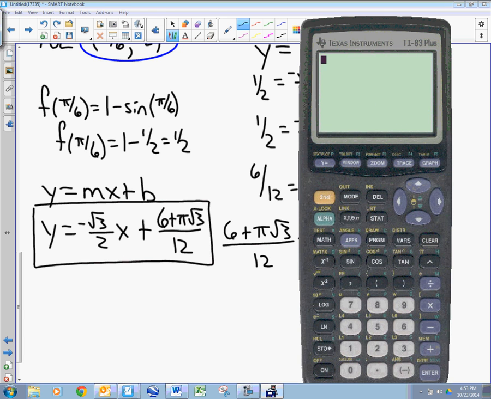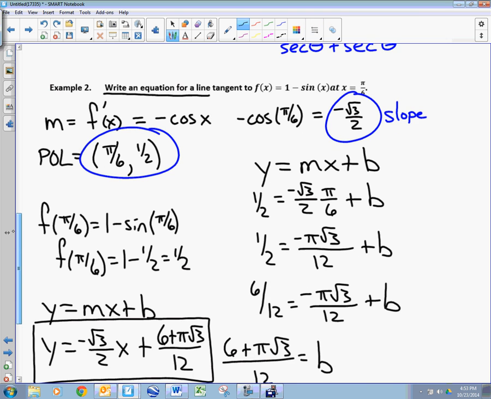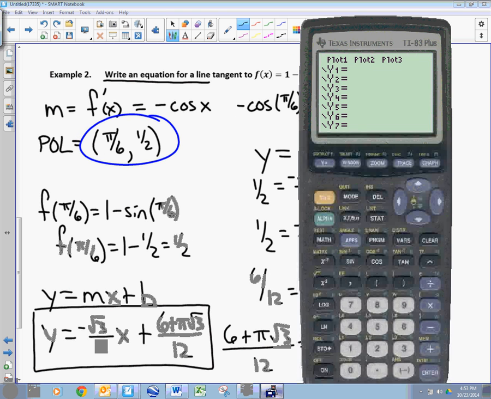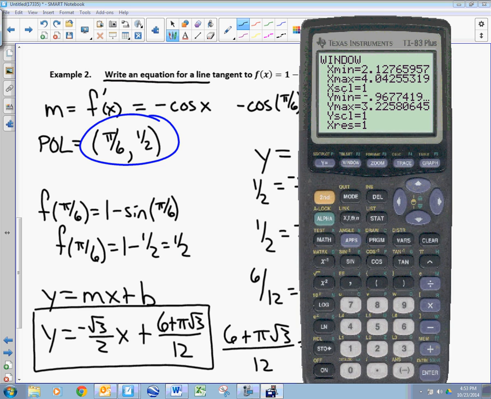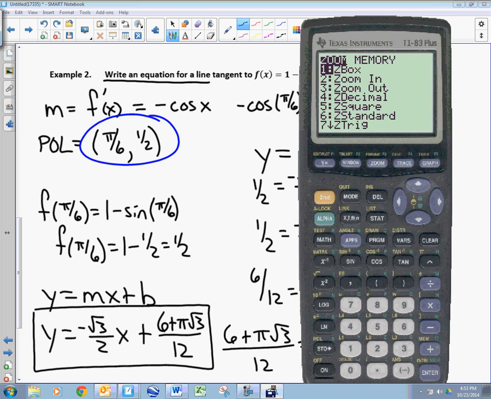I can't help but always look at the graph in these situations because they're so interesting. I'm going to check my answer by graphing 1 minus the sine of x. I'm going to make sure I'm working in radians. I am. My window, just going to zoom to a standard window.